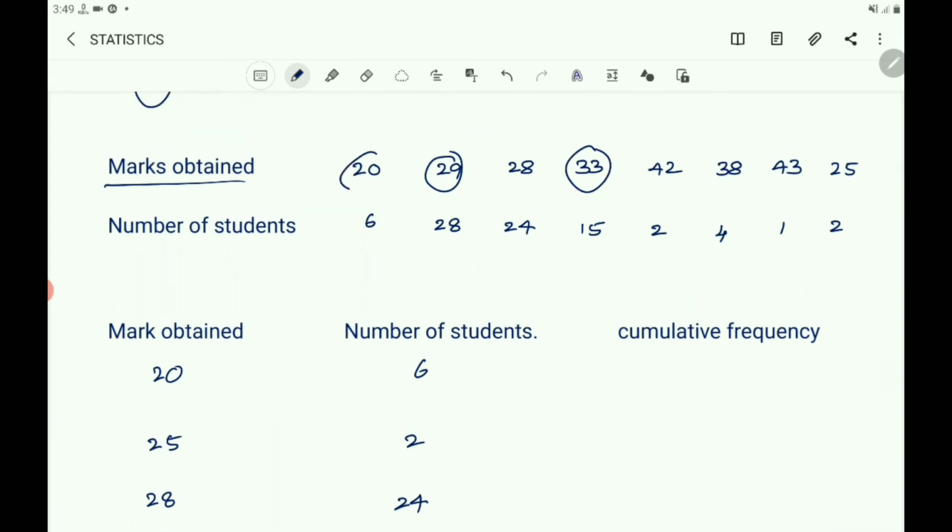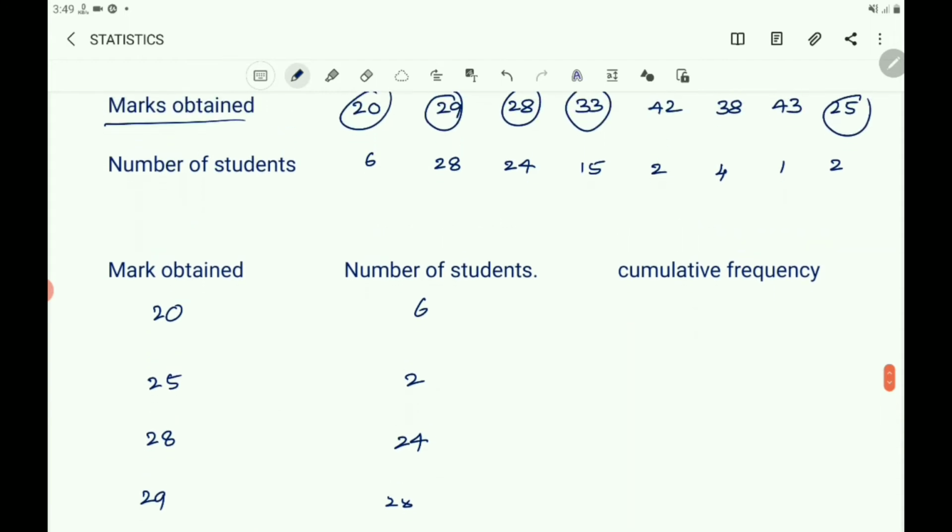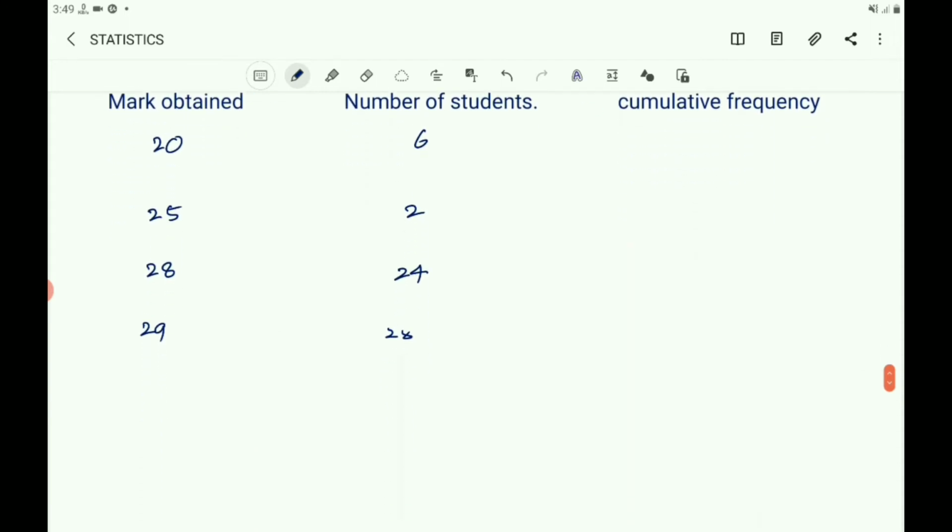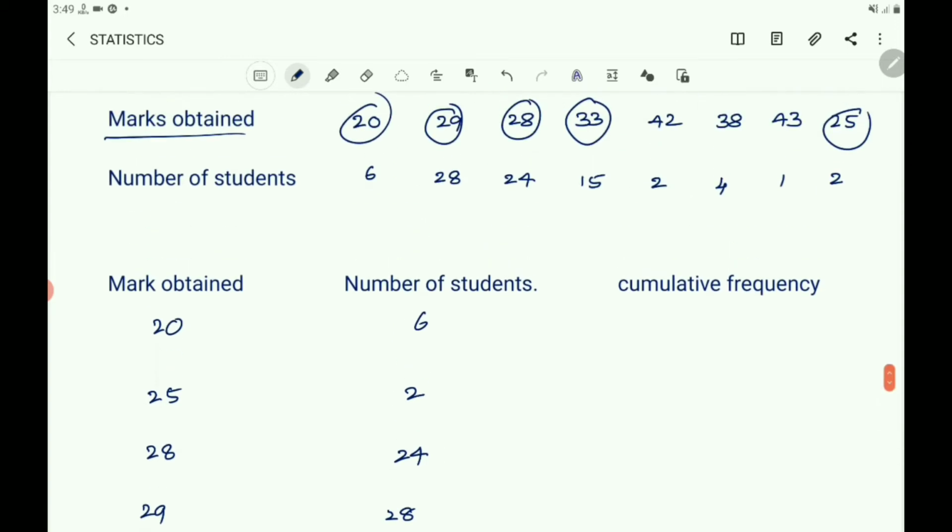Here 20 is over, 25 is over, 28 is over, 29 is over. Next you take 33, its frequency is 15.